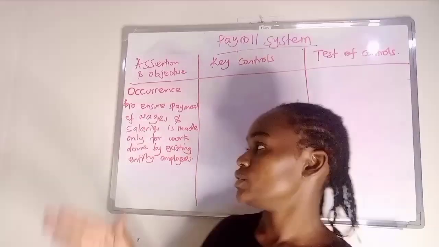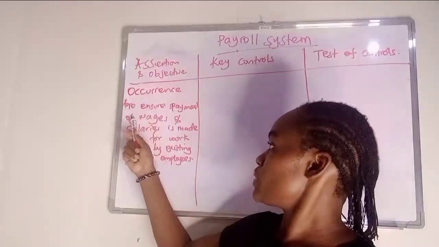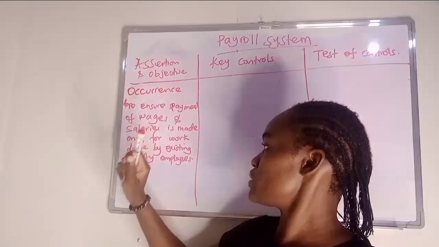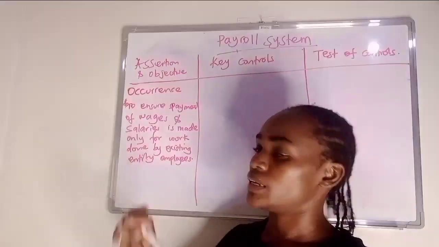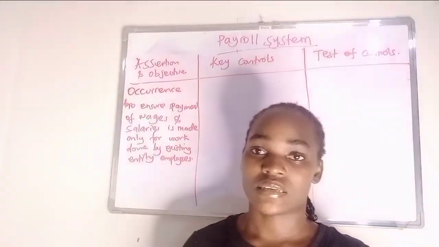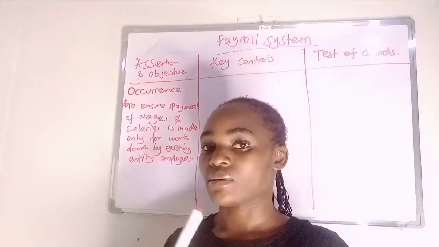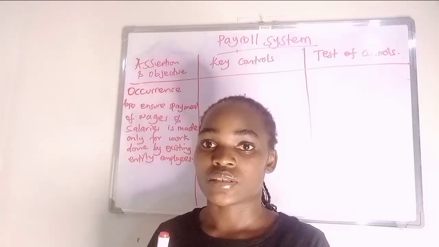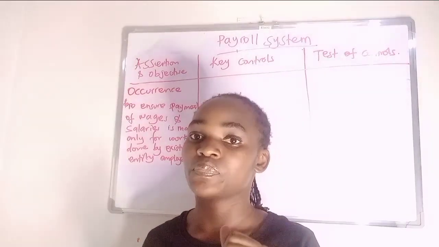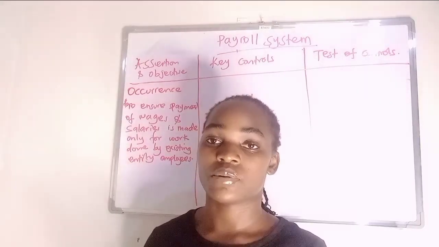So the objective here is to ensure that the payment of wages and salaries is made only for work done and to existing entity employees, to make sure that employees that are paid are existing in the company, because the HR can pay employees that already left the company, or ghost employees.